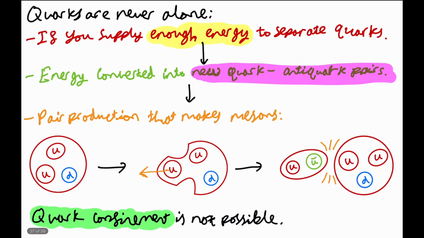And you can never have quarks alone, because if you supply enough energy to separate quarks, this new energy that you've used to separate the quark is going to be converted into a quark anti-quark pair, which is a meson basically. And this is pair production actually, and this makes new mesons.